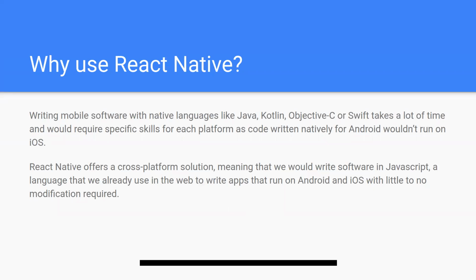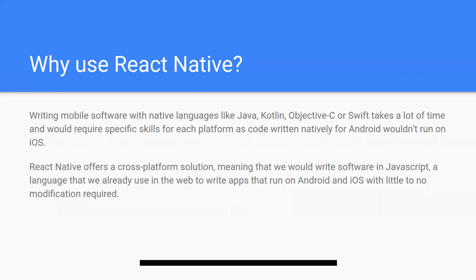So as I was saying, usually, historically, it's always been seen as better to develop using native languages because, well, they run natively, they're faster, and they are better suited to discuss directly with the phone's hardware. But React Native offers a cross-platform solution that is a bit different.